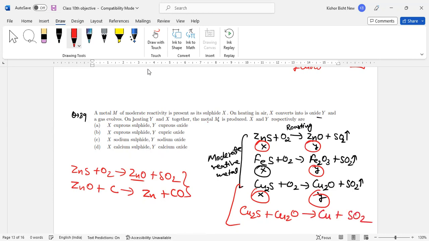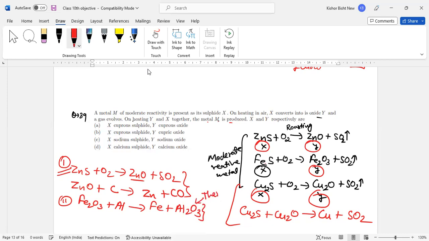So metal M is produced. In the second one, Fe2O3 oxide requires the aluminum metal as the reducing agent, then it forms Fe plus Al2O3, if you remember. This reaction is called the thermite reaction.